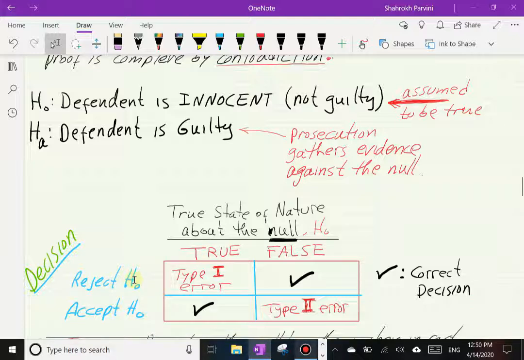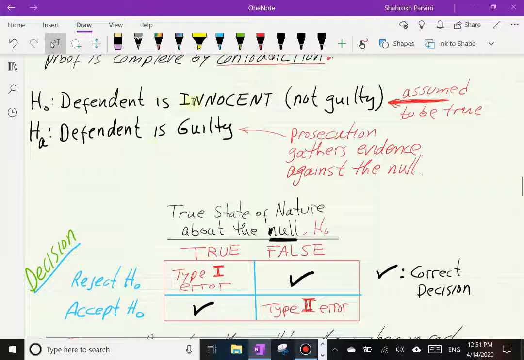They're going to say, no, this person is guilty. Well, if the person is truly innocent and the jury finds him guilty, there is an error that has occurred in that decision. The correct decision was not made in that case. So this is what we're going to call a type 1 error. Okay. And if you look at the cell right next to it, or actually go below it, same scenario.